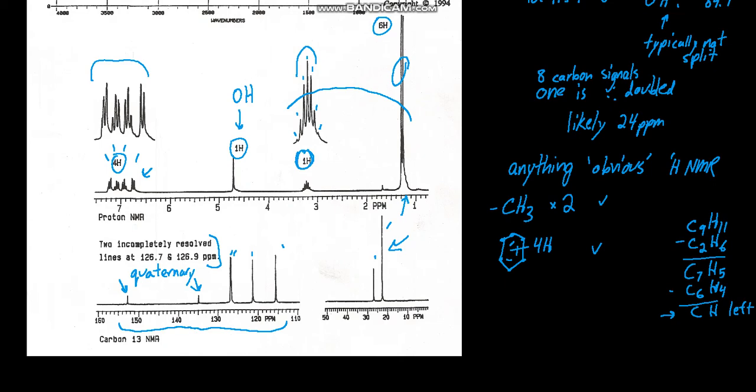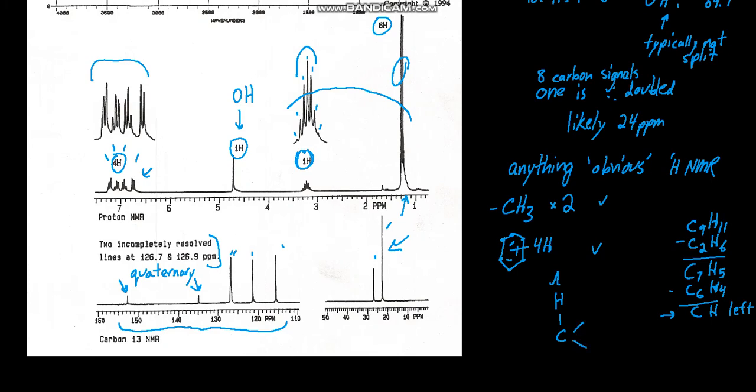From our experience working lesser problems, how do you get a CH to be split an additional 6 times, resulting in 7 lines total?